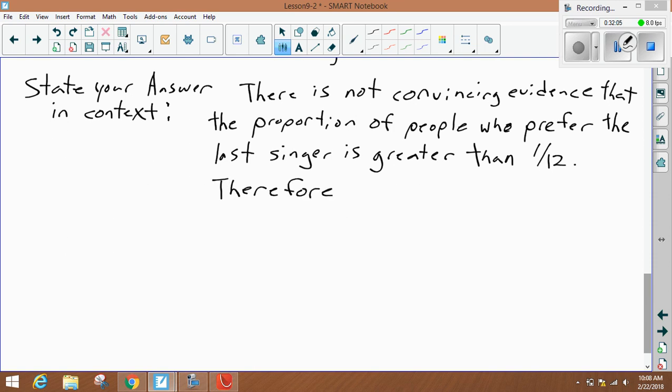Therefore, it does not that there is an advantage to going last.